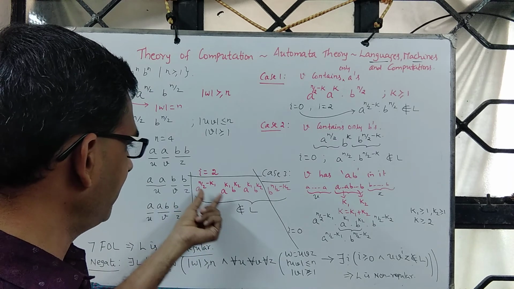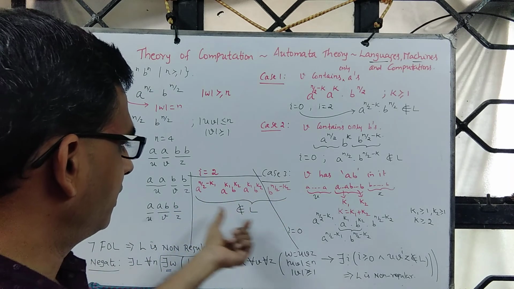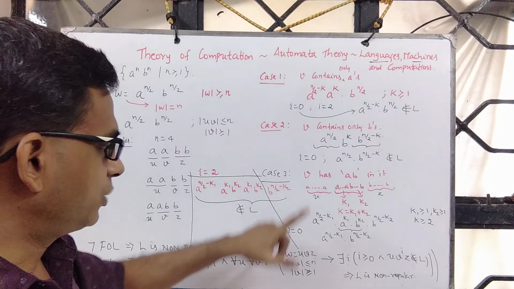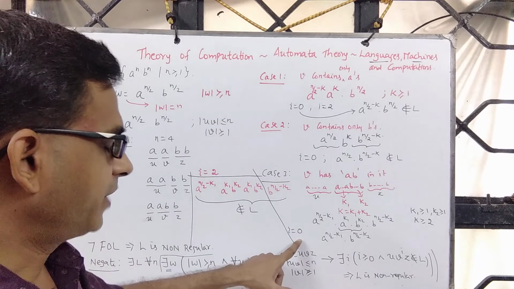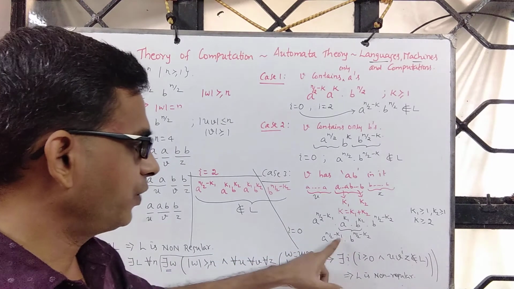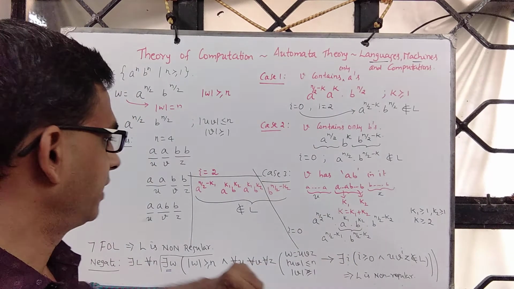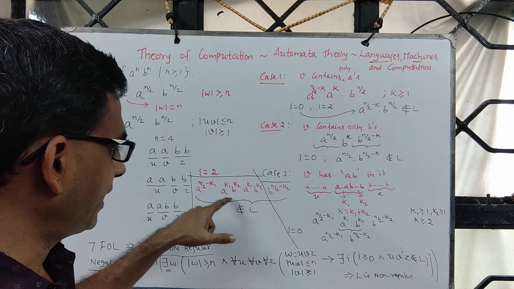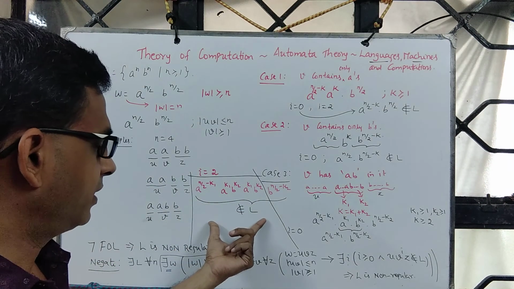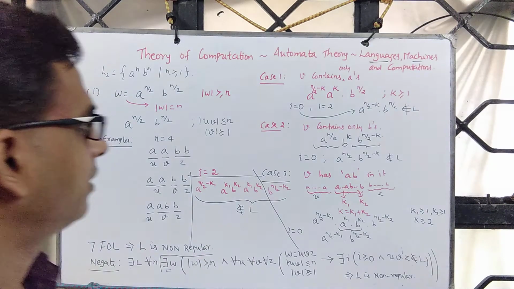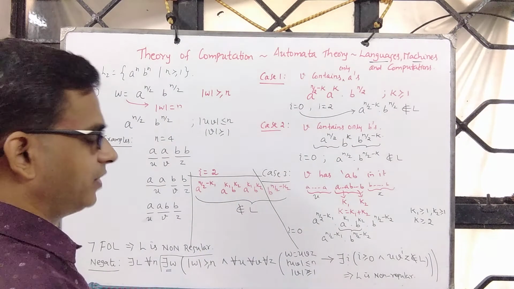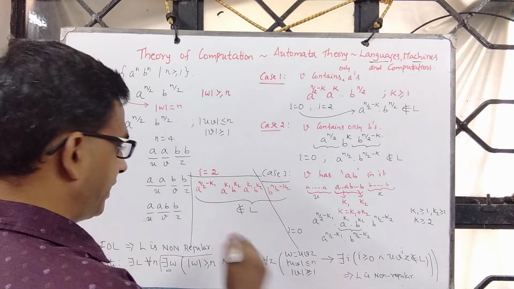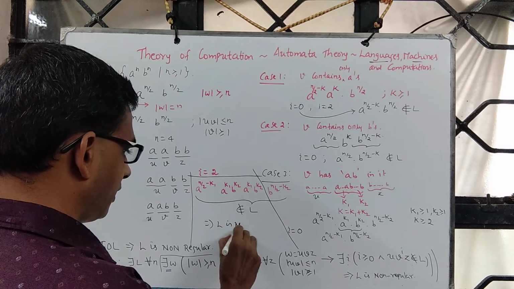It is a power something, then ab followed by this. So this is clearly not in L. So for this case, do not choose i equals 0, because if k1 and k2 are 1, then we may not get a contradiction. Instead, choose i to be 2, then in between you see ab, and the string generated out of this is not in L. So in all three cases, we have established that there is a string which is not in L. This implies that L is non-regular.